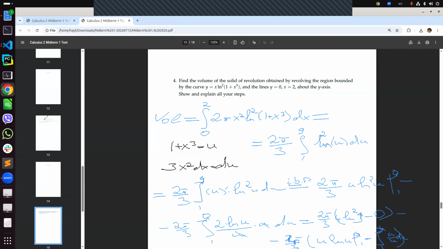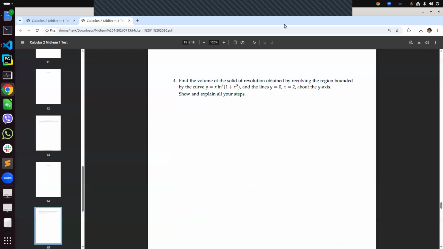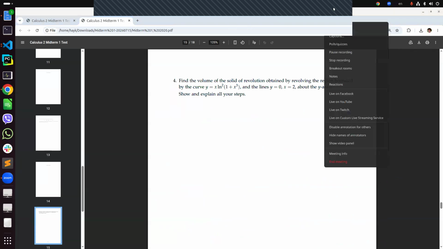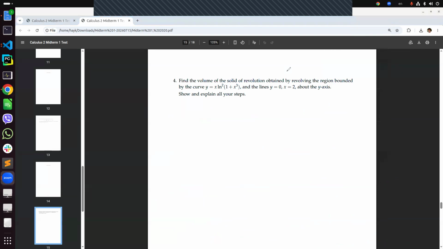Questions about this exercise? If no, let's move forward. What was our next question?